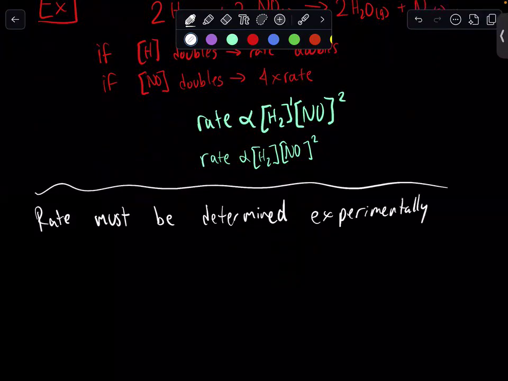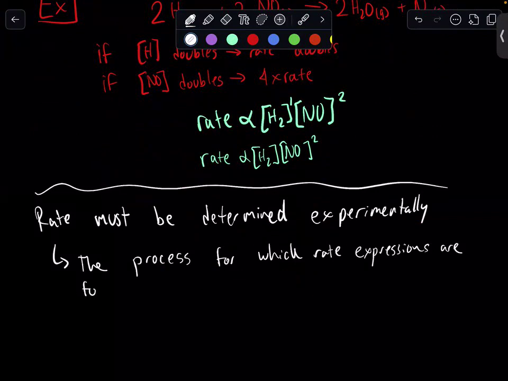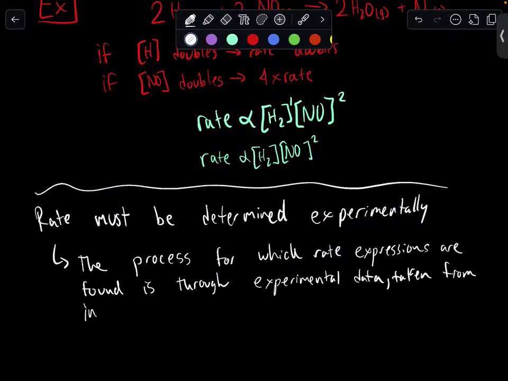And we have to determine that rate equation experimentally, because the process for which rate expressions are found is through experimental data. That data is taken from initial rate values.